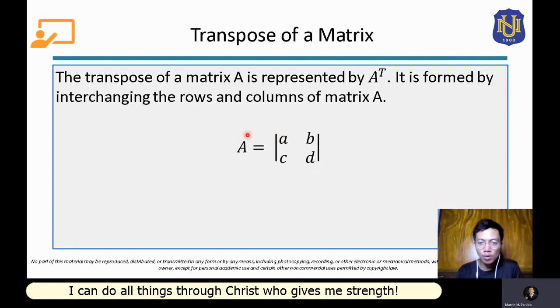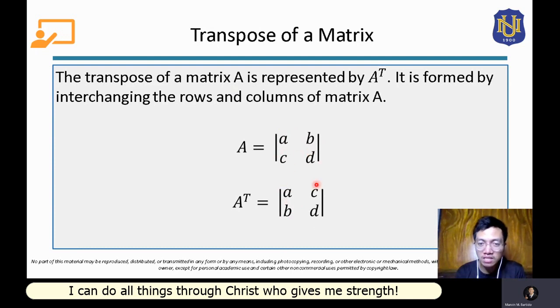So to solve for the transpose of matrix A, we just need to interchange the rows and columns. Let's say we are just going to make your row here a column in the transpose matrix. So this row, AB, will be a column here in our transpose.